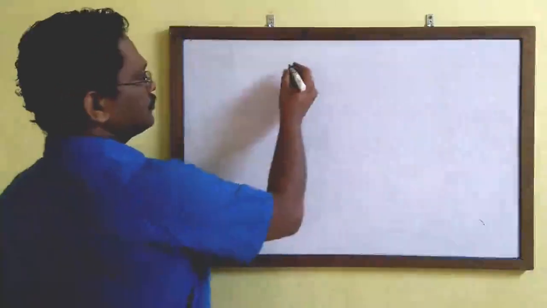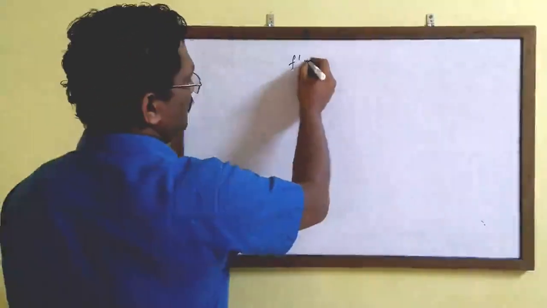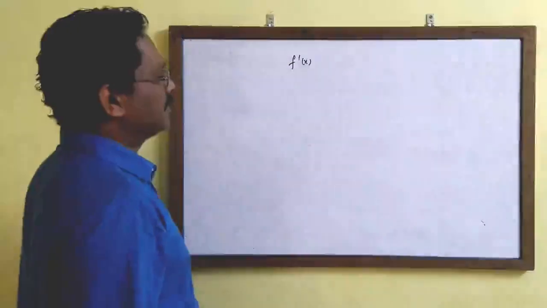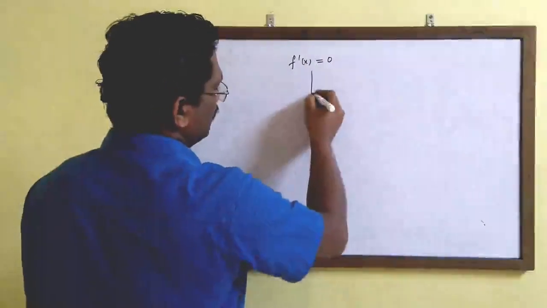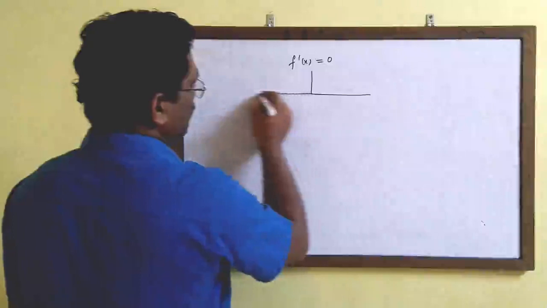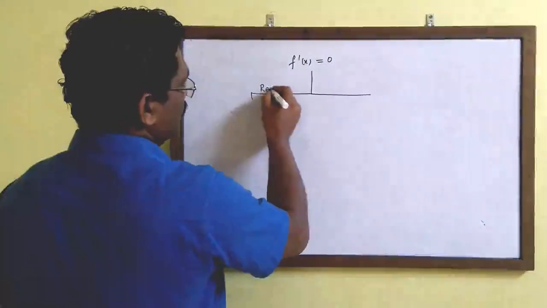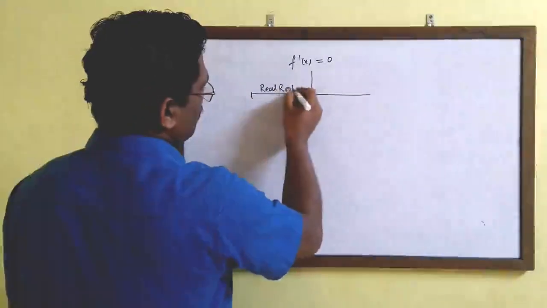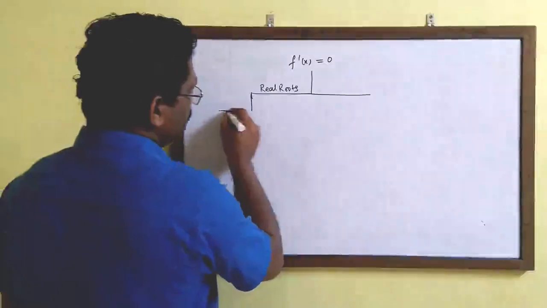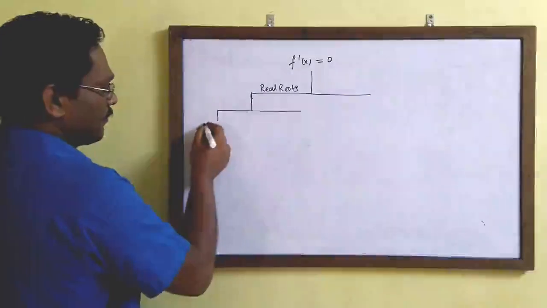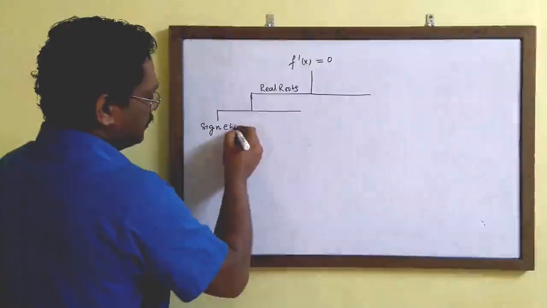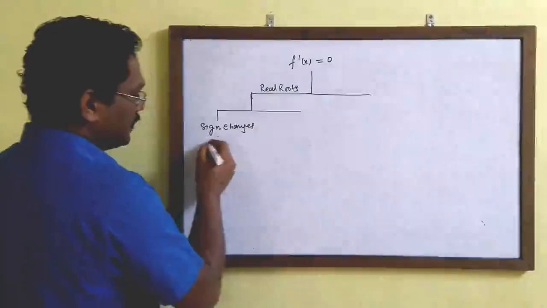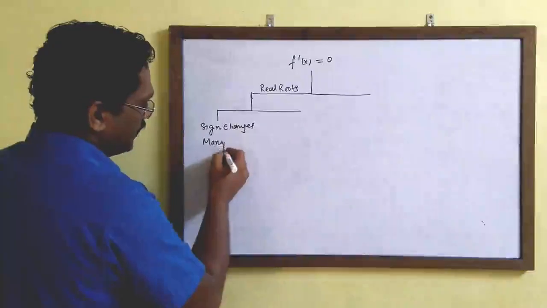Now the third and the most important method, which we'll be using to the maximum extent. Now f dash x equal to 0. Now if this equation gives you real roots, then check for sign change. If the sign changes, then you will say it is a many one function.